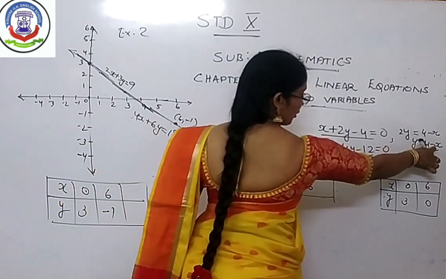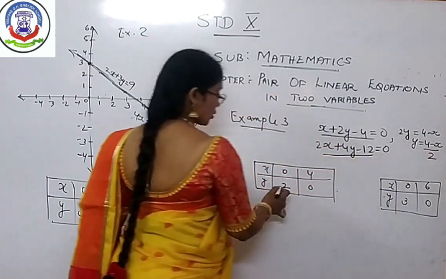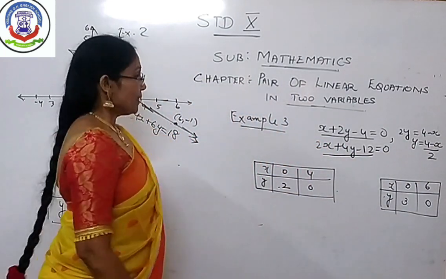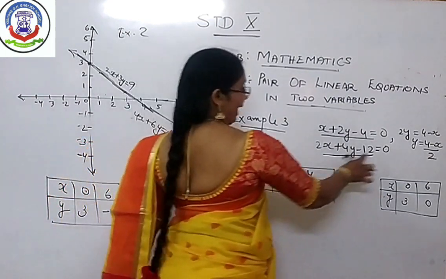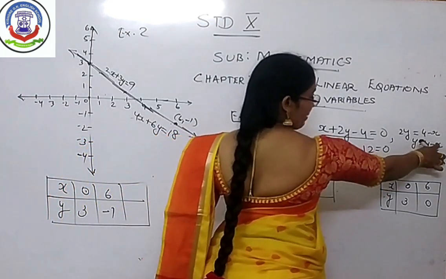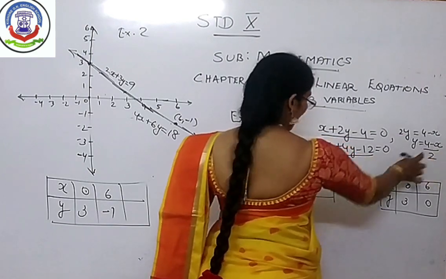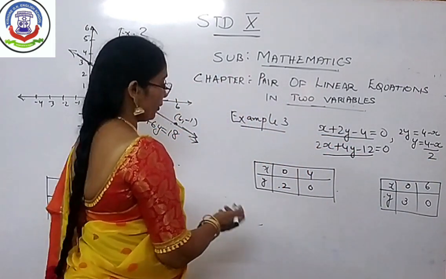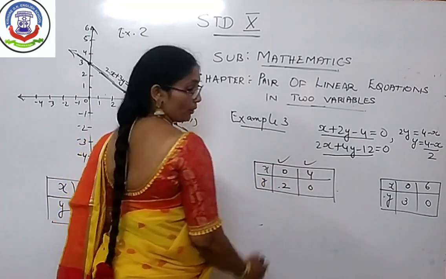So 4 minus 0, 4 upon 2 is 2. So the corresponding coordinate I got is (0, 2). Second, if I put x equal to 4, then 4 minus 4 is 0, and 0 upon 2 is 0. The two coordinates you already got.